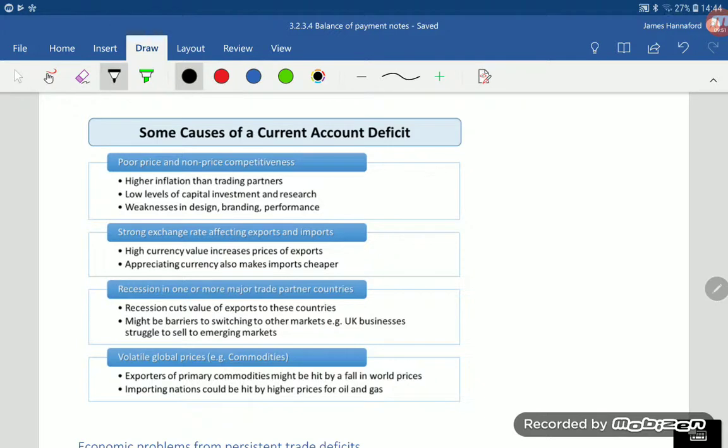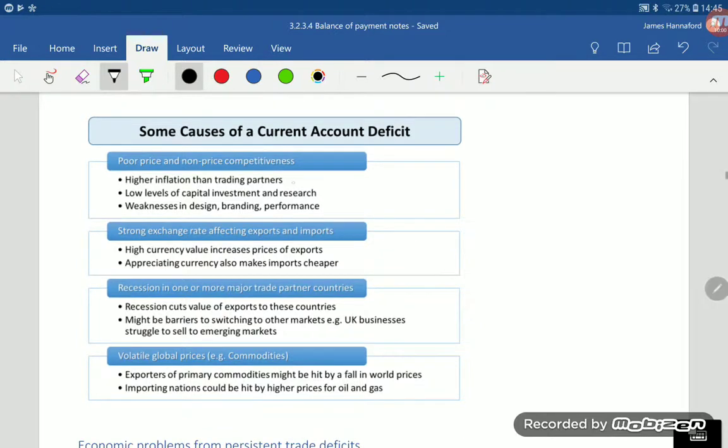Now let's look at some of the causes of a current account deficit. Well, the first one is poor price and non-price competitiveness. So if we start with inflation, it may be that we have not managed our demand side of the economy successfully. So it might have meant, for instance, that we're experiencing demand pull inflation.